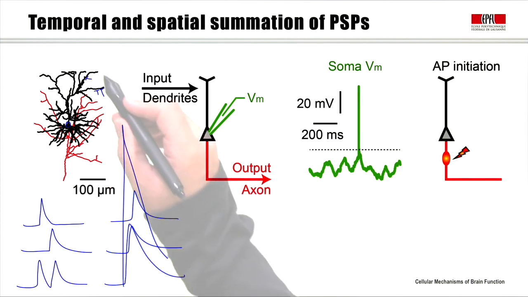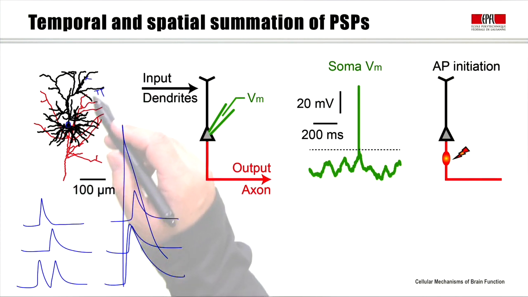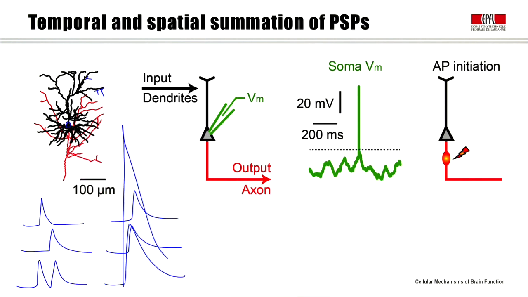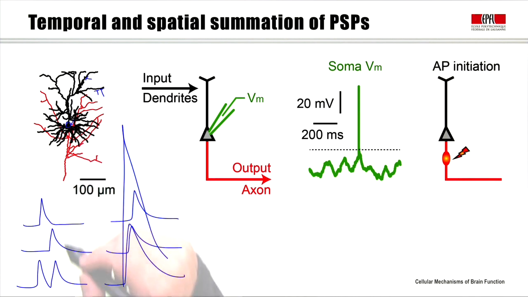And so the process of dendritic integration in terms of both time and space is very complex, and there can be highly nonlinear phenomena going on in the dendrites, as well as, of course, proximal inputs close to the soma that in themselves give rise to large potentials in the soma.